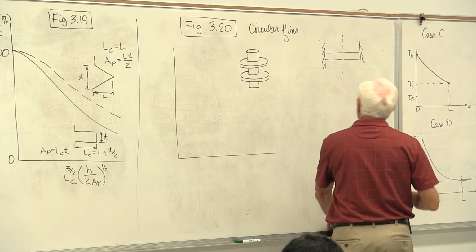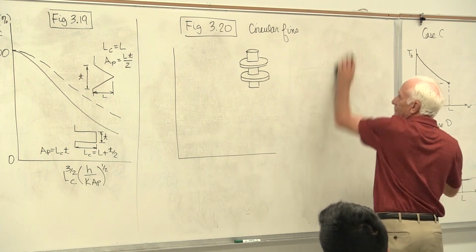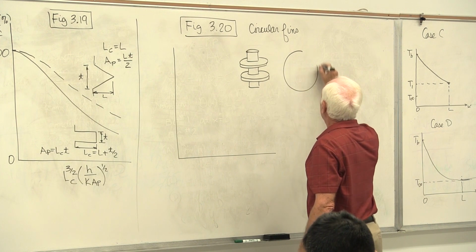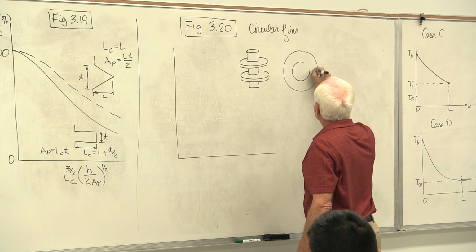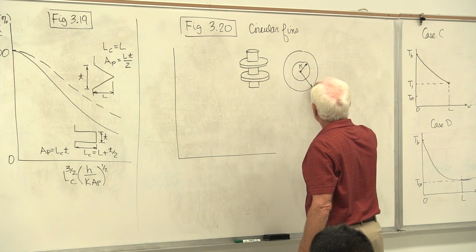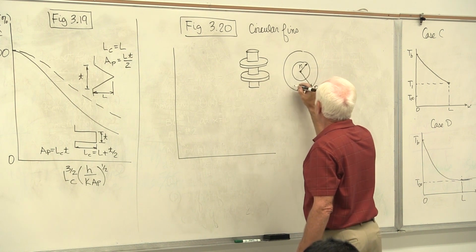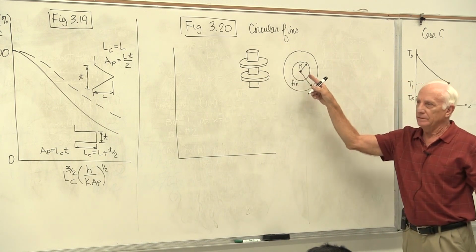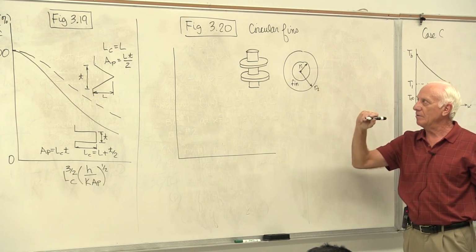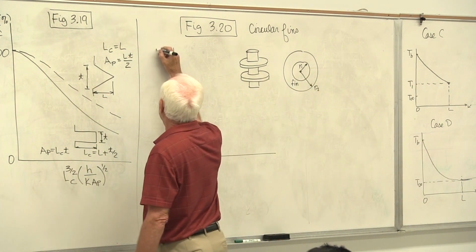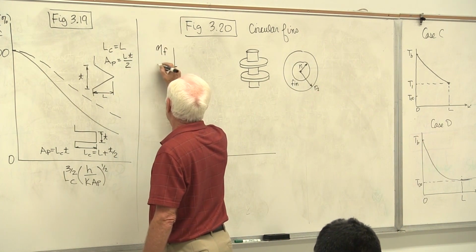I'll draw a picture here. So here is R1, here's R2, this is the fin. The tube it's attached to is outside radius R1. We're going to plot the fin efficiency here, 100%.